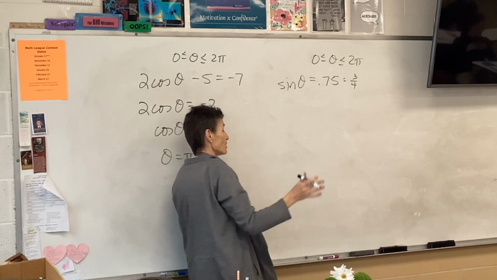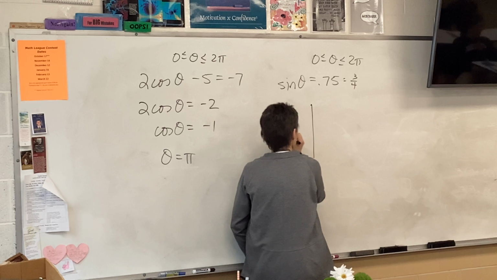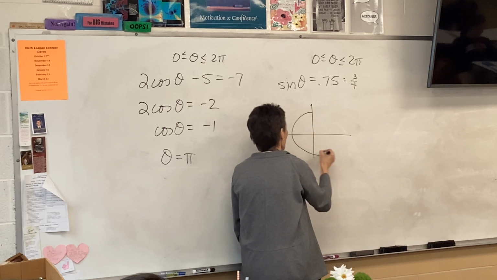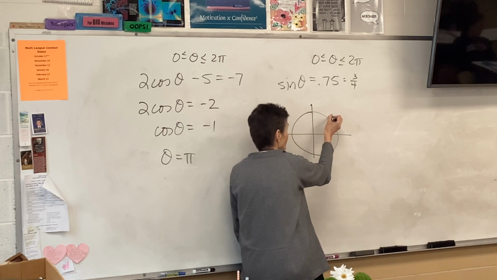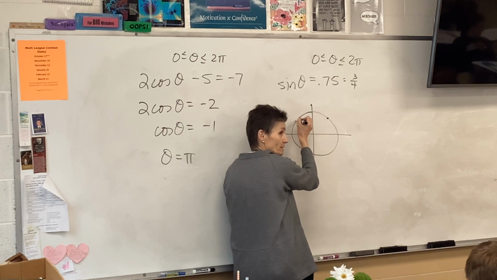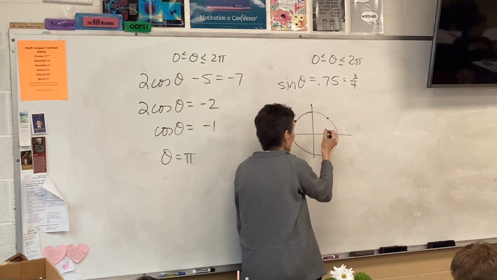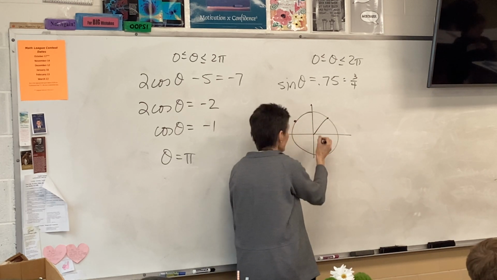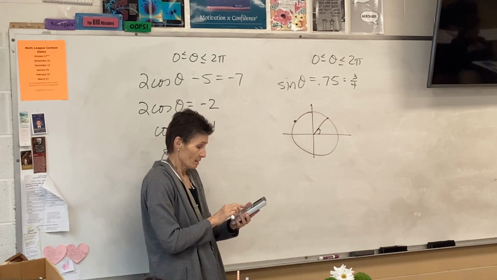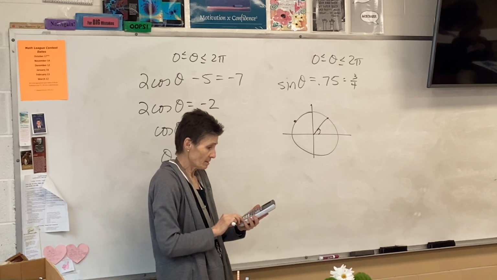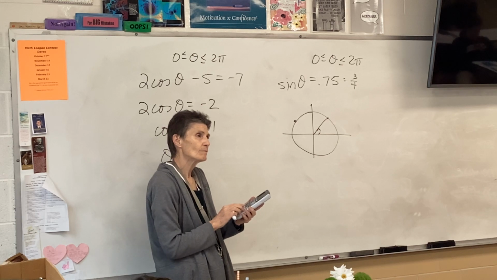So before you type it in, is that positive? Before you type it in, I want you to visualize where will the answers be. Quadrant 1 and quadrant 2. Now, I have no idea what this angle is, no idea at all, but my calculator does. Let's make sure I'm in radians. And how do I type that into my calculator?